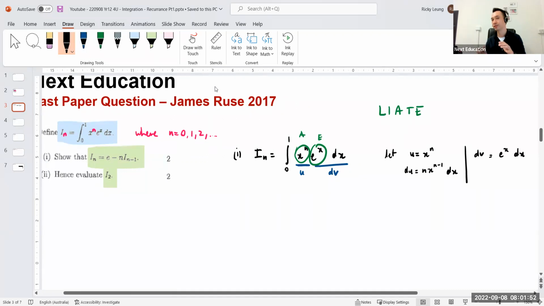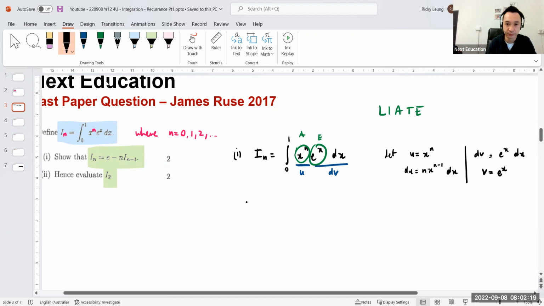Now you can see, just to talk about the purpose of LIATE, it wasn't so much about this. For x^n and e^x, both of them are easily integratable, but check this out. e^x is really easy to integrate because integrating that is just e^x. So the exponential function is the easiest to integrate, so that's why it's pushed back in LIATE for you. Cool, got my tools.